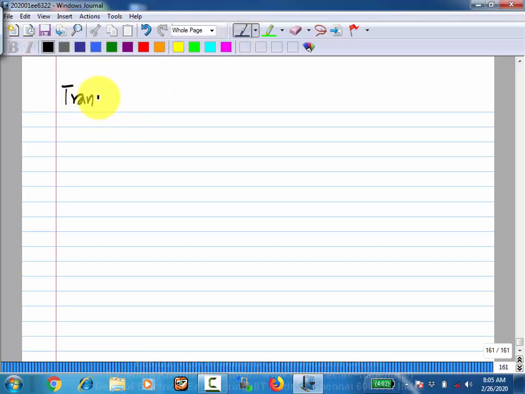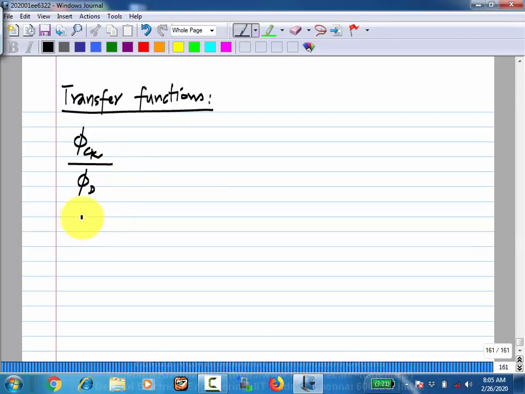So we are interested in the transfer functions, let's say phi ck by phi d, then phi ck by phi ck in, and let's say phi ck by in cp. Okay, please calculate these things.